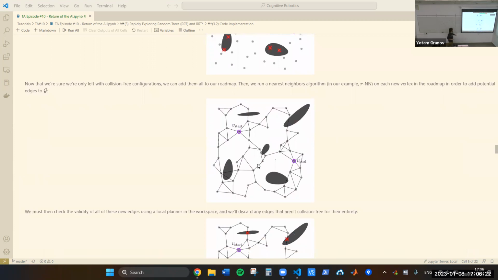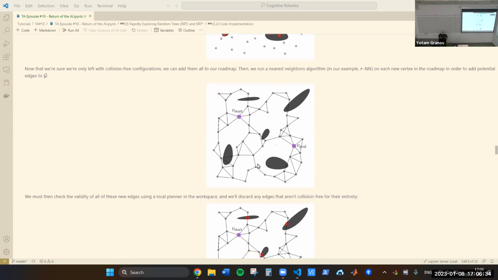Next, I use some nearest neighbors algorithm. So here it's an r-NN algorithm. I build some radius on each point, and I add an edge between that point and all of its neighbors that are within that circle. So I do that, and again, there are some edges that will cause collisions up here, and we need to remove those edges because that's obviously going to cause a robot to crash.